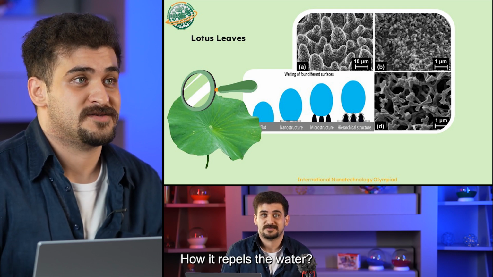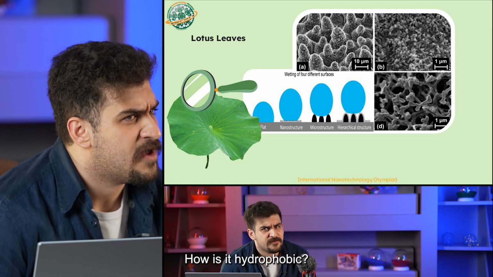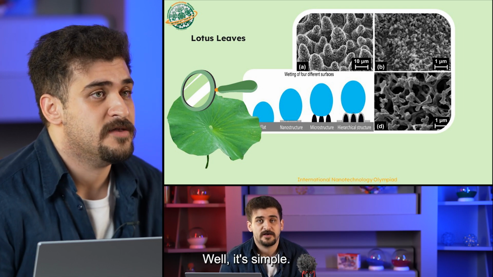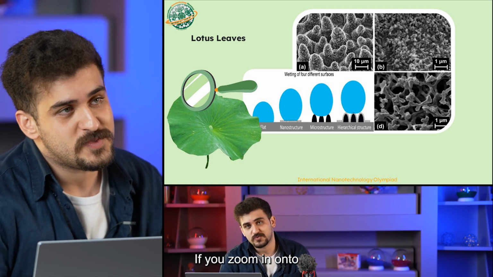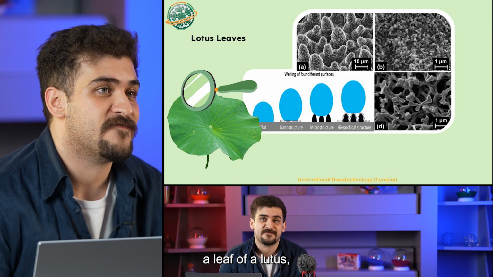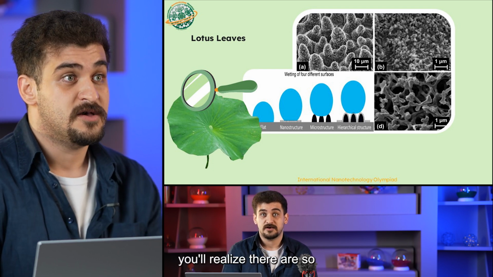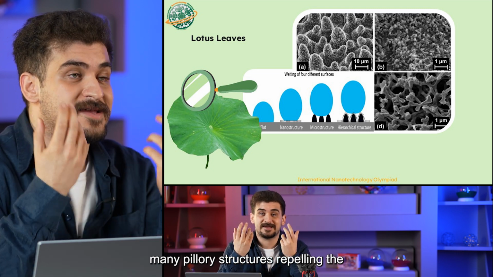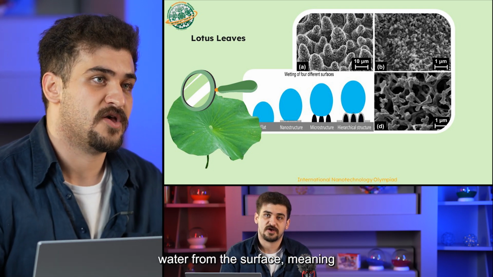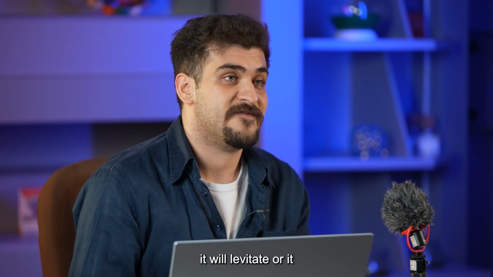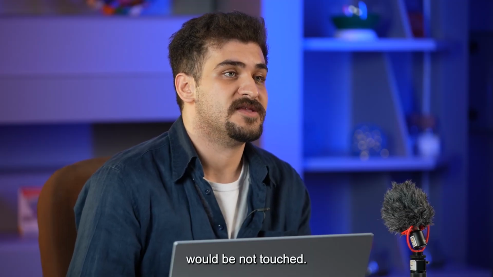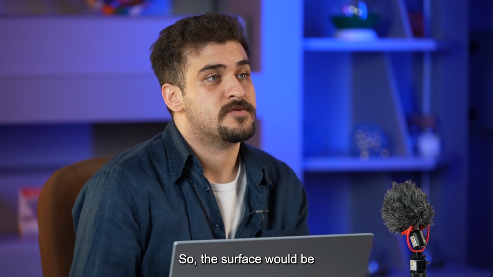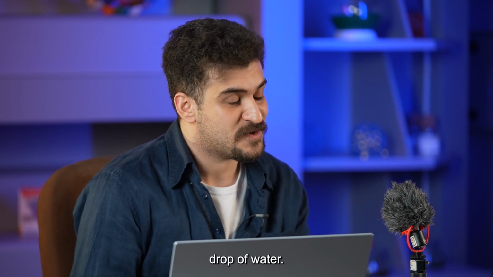How does it repel the water, how is it hydrophobic? Well, it's simple. If you zoom in onto a lotus leaf, you'll realize there are so many papillary structures repelling the water from the surface, meaning the water will levitate or not touch it. So the surface is hydrophobic and it will repel the drop of water.